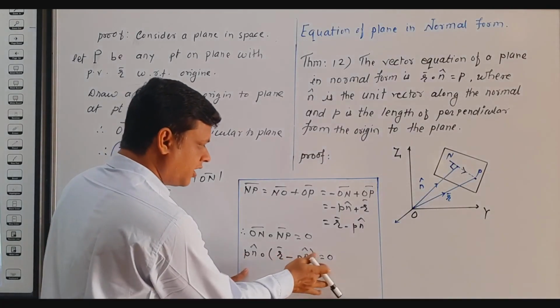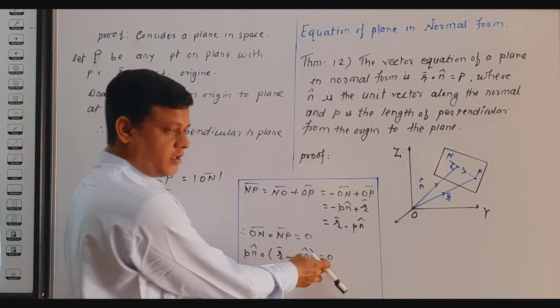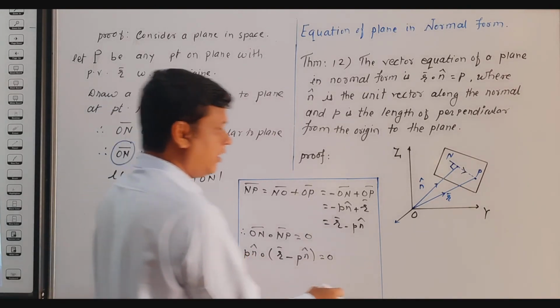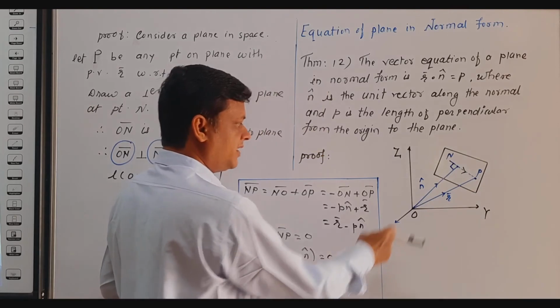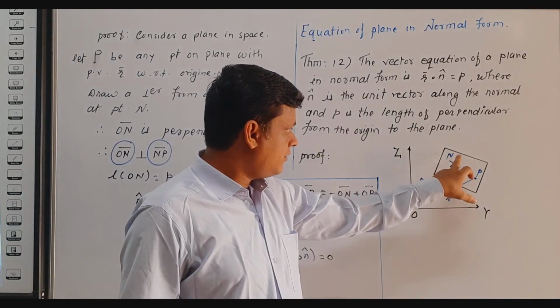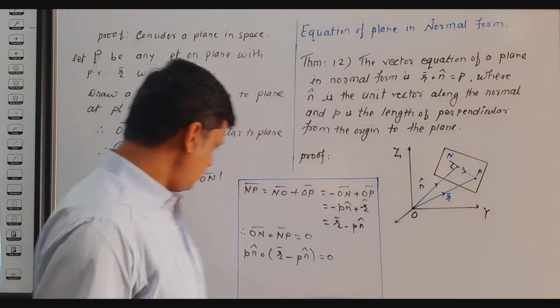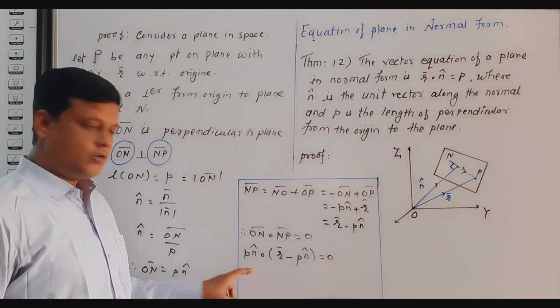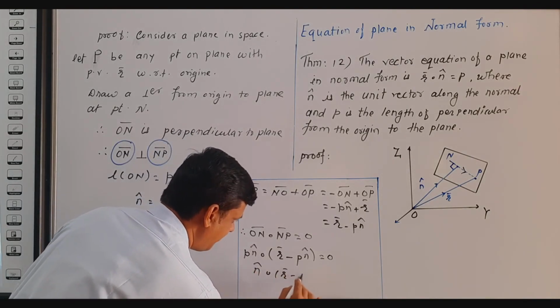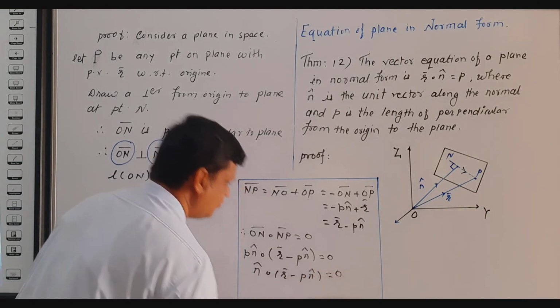Now this is a product and the product equals 0. This p is the length of the perpendicular. If this length is 0, then point N is at the origin, so p is not equal to 0, and we write only n cap dot r bar minus p n cap equals 0.